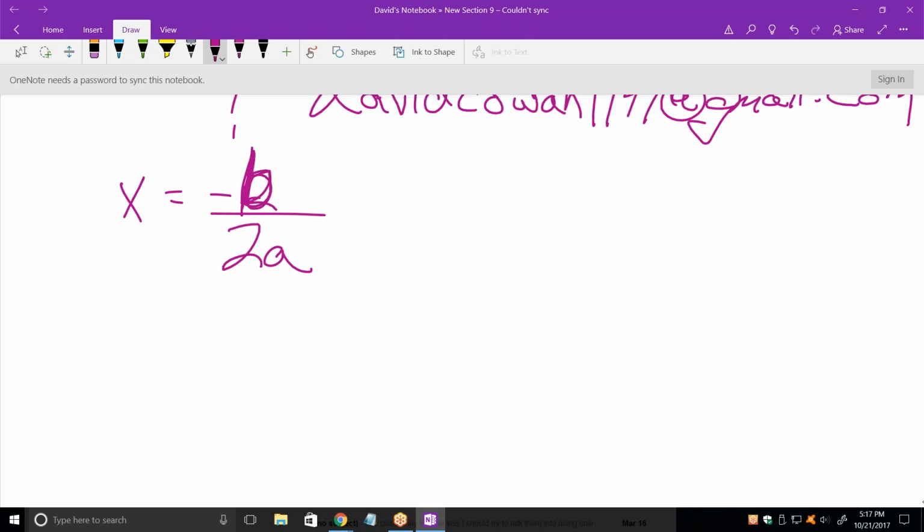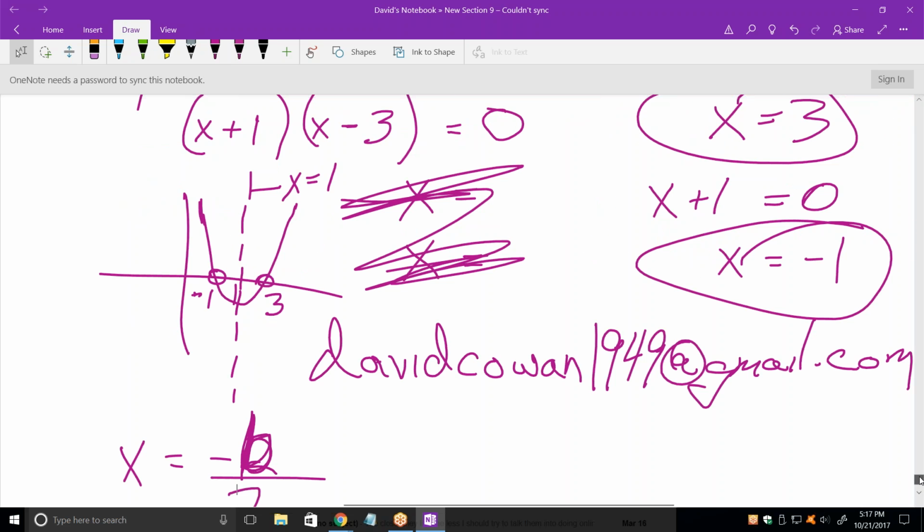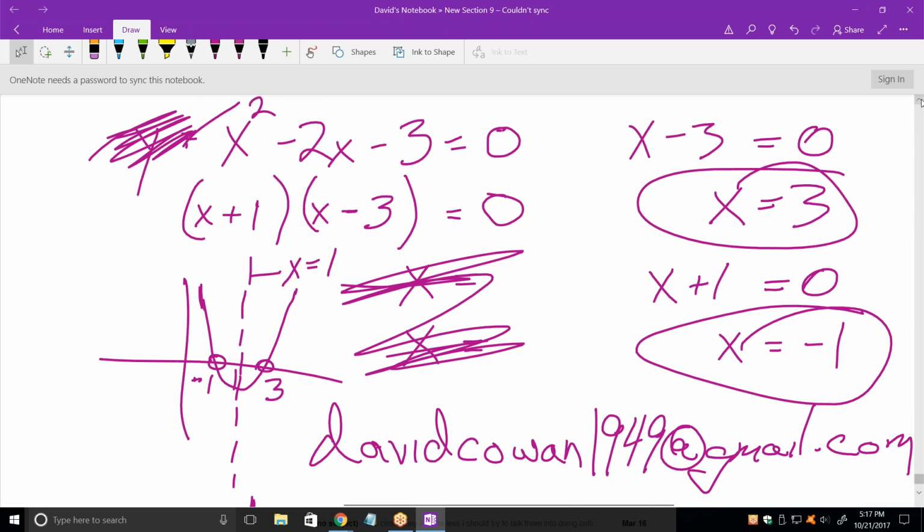In other words, if we go back and look at that first one that you gave me, and we look at the standard form, that's this one, x squared minus 2x minus 3. If I only had this and I just wanted to find the vertex as quickly as possible, the best way to do it is to use minus b over 2a. Well, what would minus b over 2a be for this function? First of all, what's b?